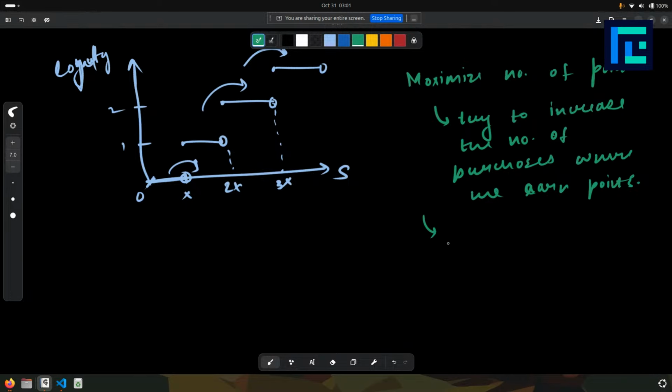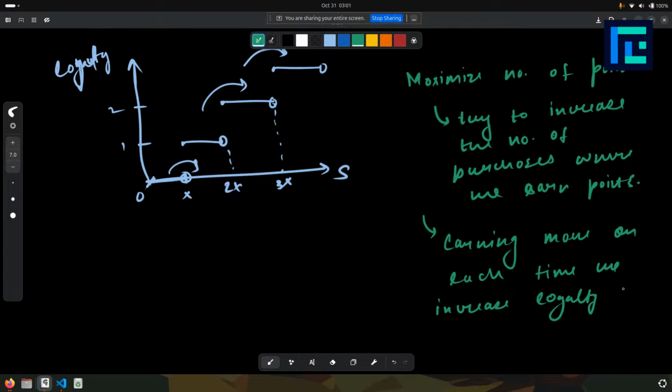Another factor would be earning more each time we increase the loyalty score. Basically, every time we are about to increase our loyalty score, we try to buy some expensive item. So there are these two factors that decide how much we earn.